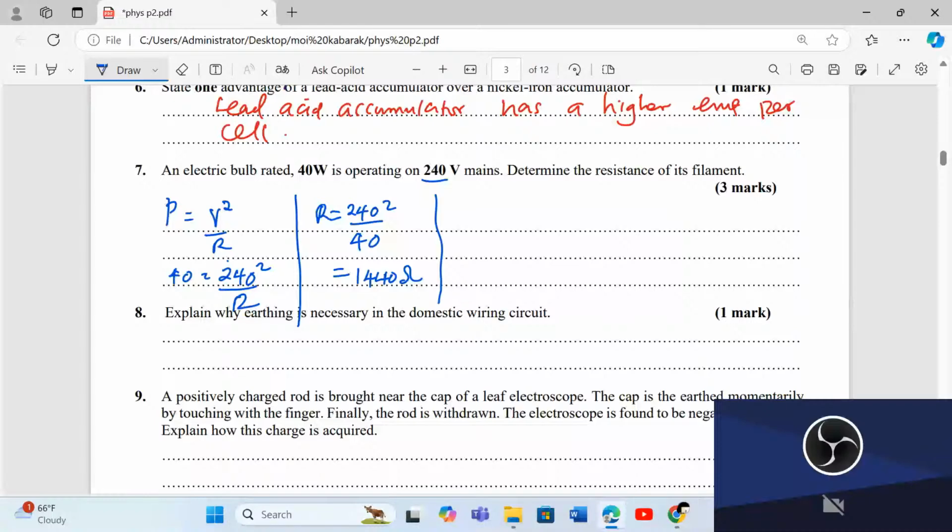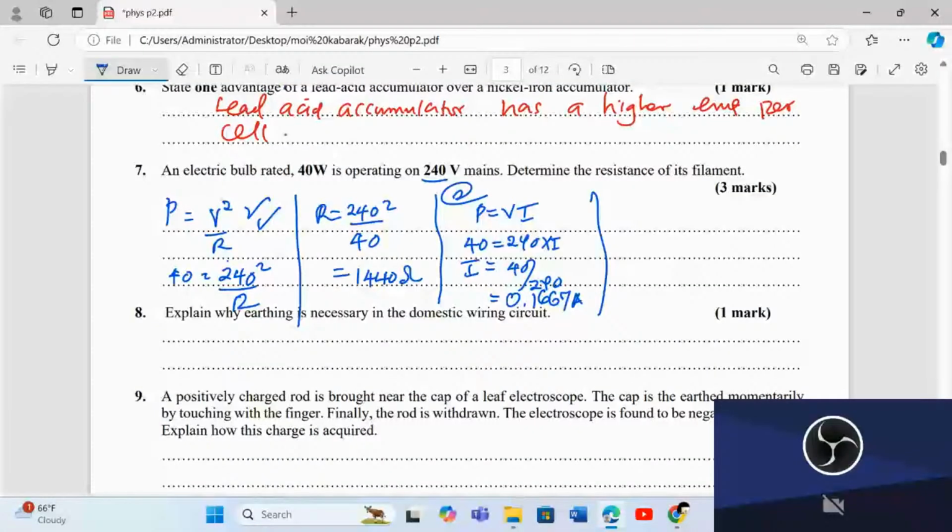show it. This is the first. V is equal to IR. You can say now voltage of 240 is the same as 0.167 times R. R will be the same as 240 divided by 0.1667.